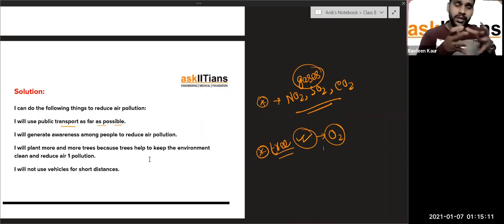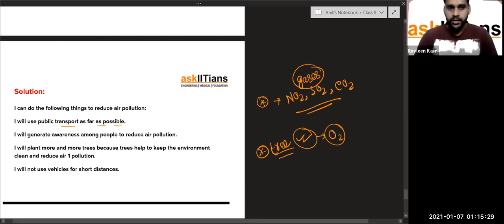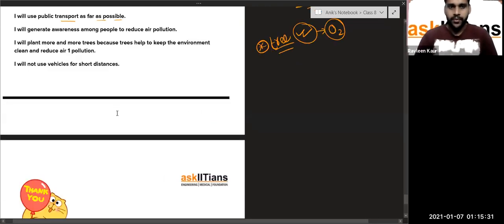But if you can take other means to reach there, please do that. Don't increase the pollution by taking your own vehicle or your own motorbike. You can take other measures as well.